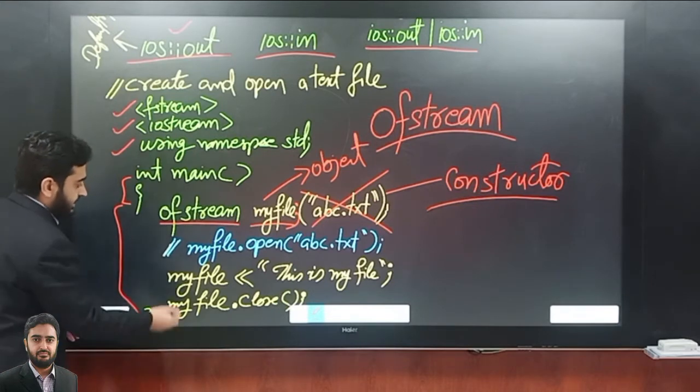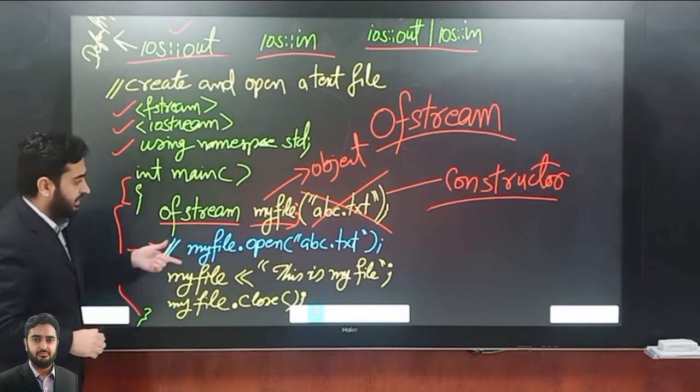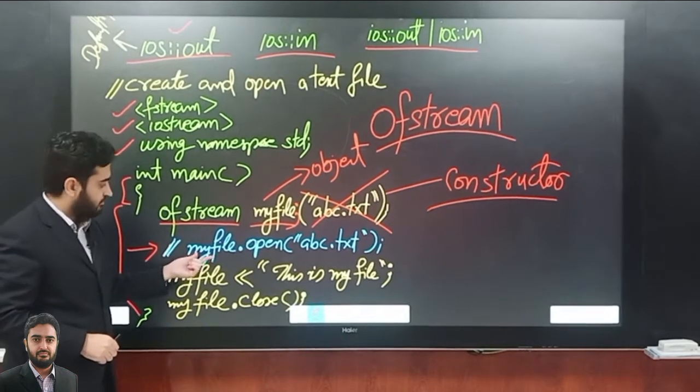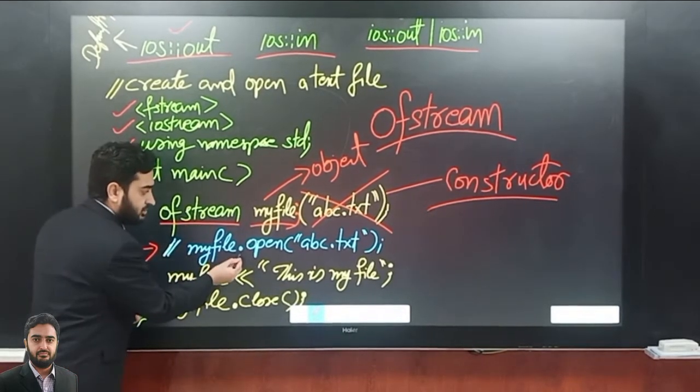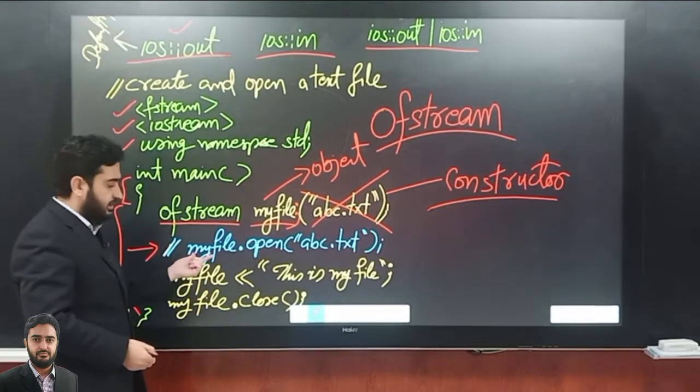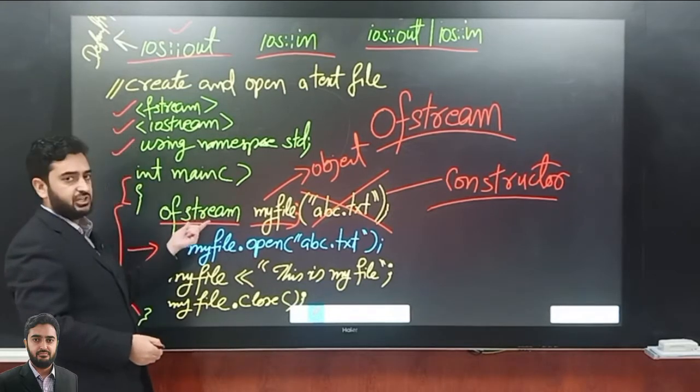Then you can see in the comment line, you may just write down the name of the object, myfile, the dot operator, and then use the function of the class.